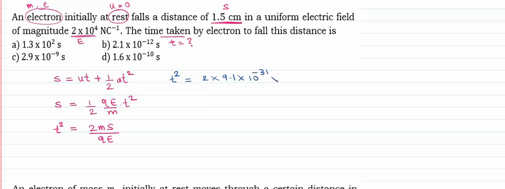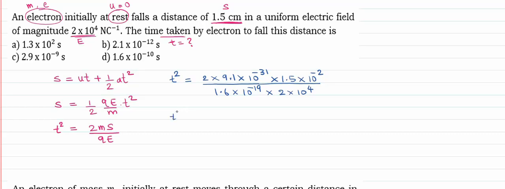Distance traveled is 1.5 centimeter, which means into 10 raised to minus 2. Whole divided by Q into E. Q is the charge of electron, 1.6 into 10 raised to minus 19. E is the electric field, 10 raised to 4.